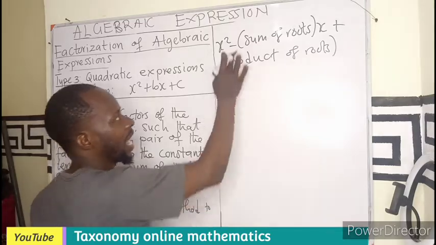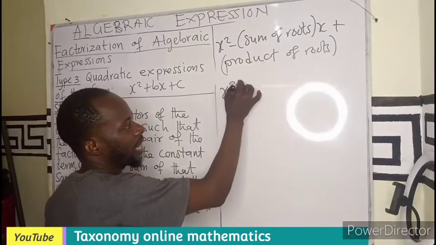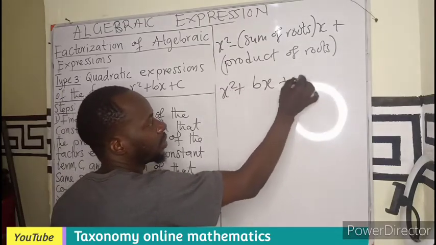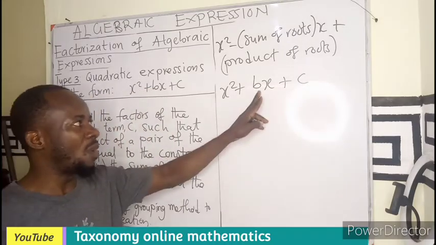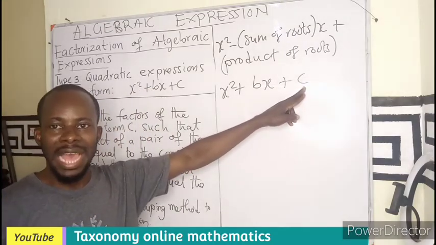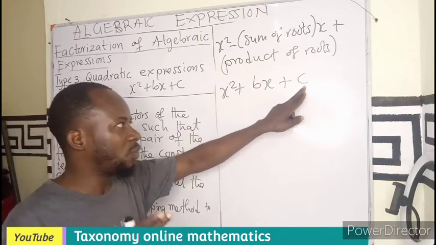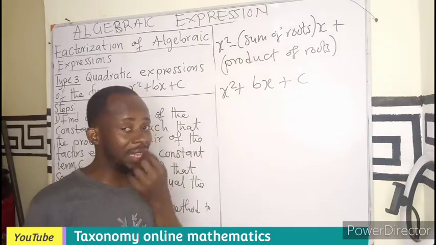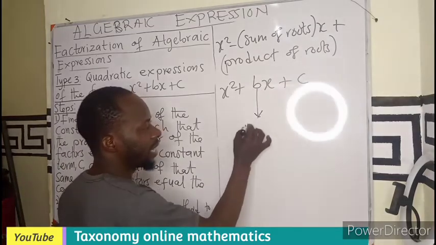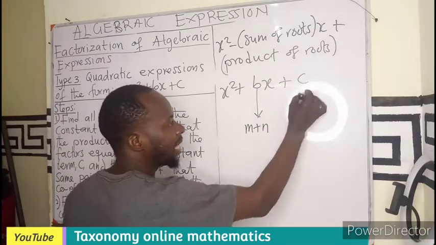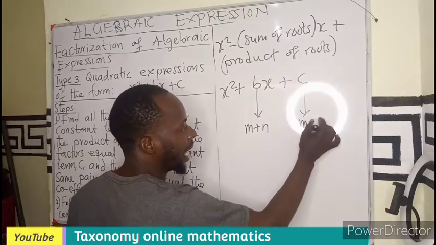Simply put, if I have this x squared plus bx plus c, I am looking for factors of the constant, a pair of those factors multiplied to give us this. If I take those factors to be m and n, it means this should be m plus n, and this will give me m times what?